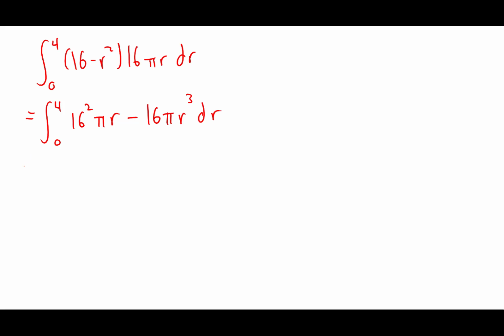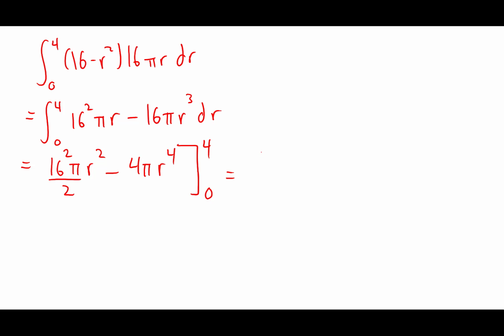And so now let's integrate. So we'll get 16 squared pi r squared over 2 minus, let's see, it'll be 4 pi r to the 4th evaluated at 4 and 0.